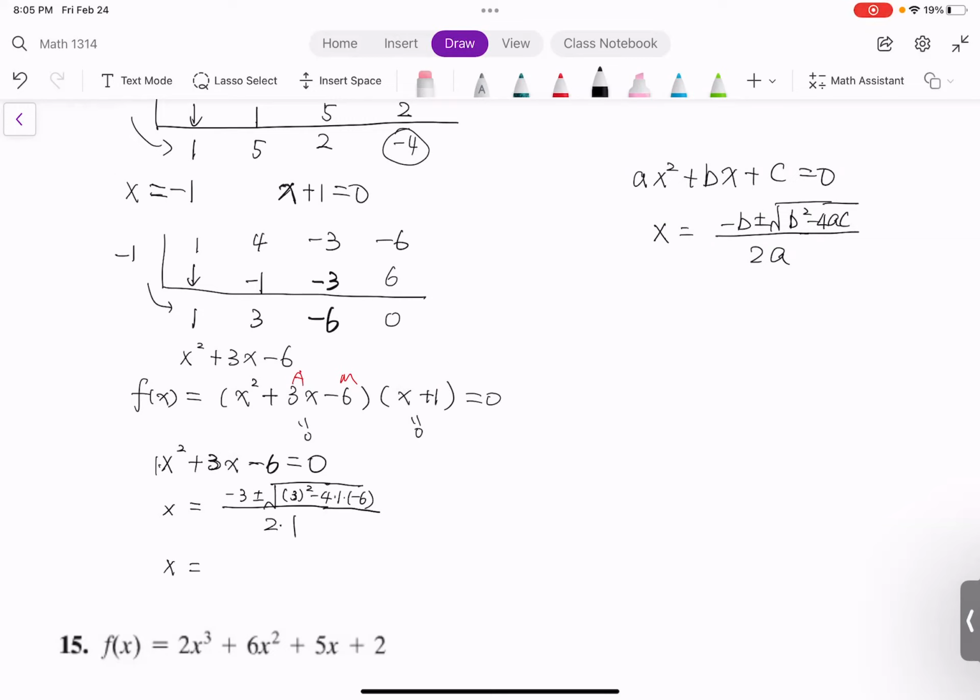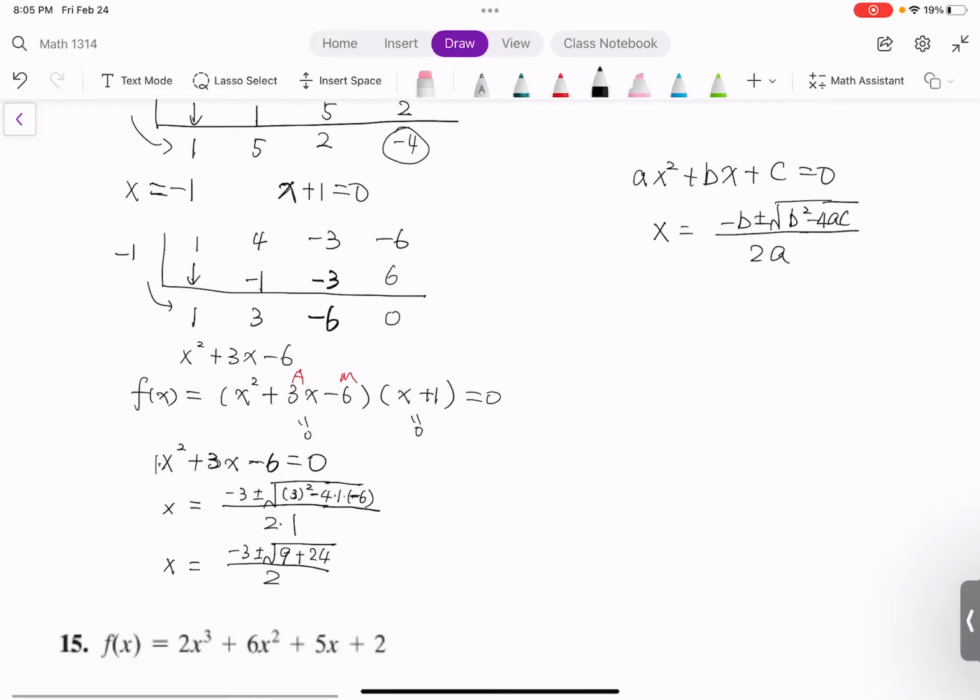Let's see, what is that? The bottom is 2. The top is -3 plus or minus square root of 9, minus make a positive. And 4 times 1 times 6 is 24. Let's simplify this. That's -3 plus or minus square root of 33 all over 2.